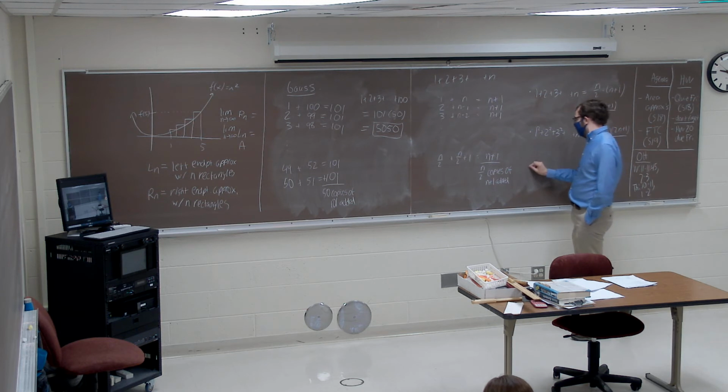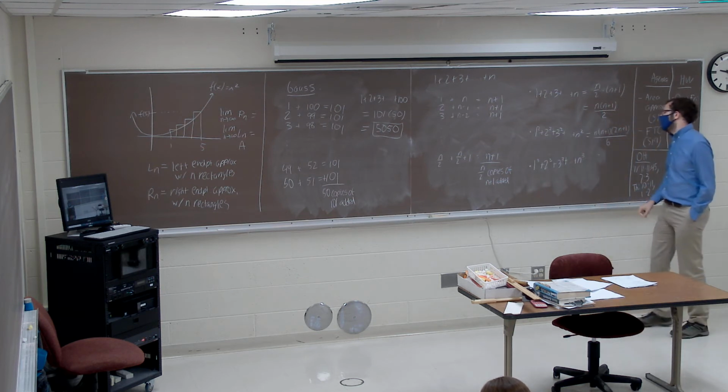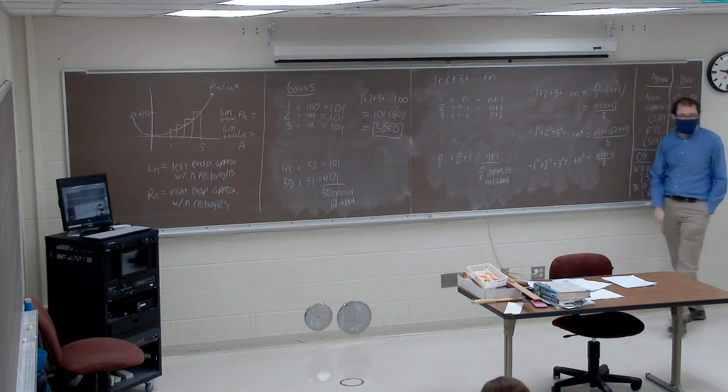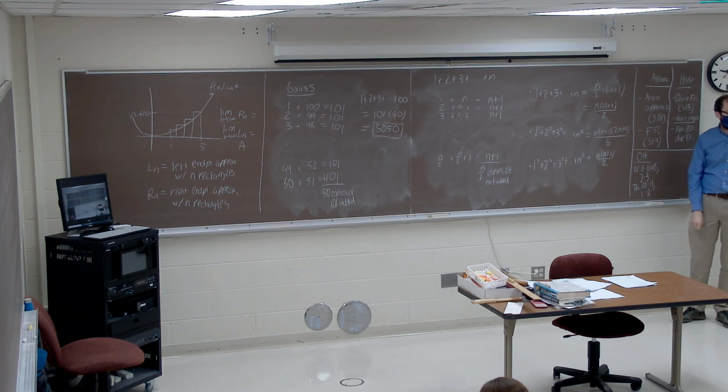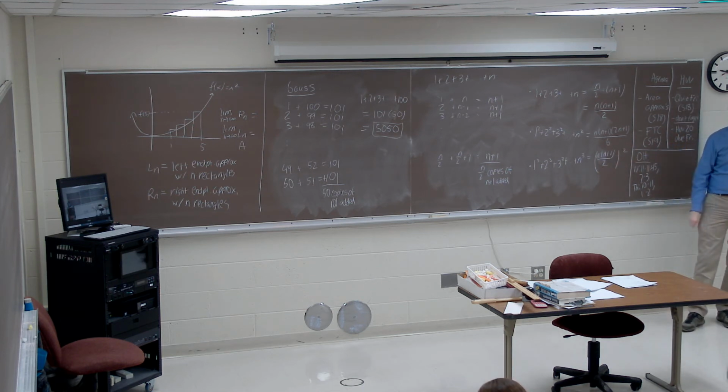And if you want, you could even do the same thing with cubes. 1 cubed plus 2 cubed plus 3 cubed all the way up to n cubed, which is going to be n times n plus 1 over 2, quantity squared.